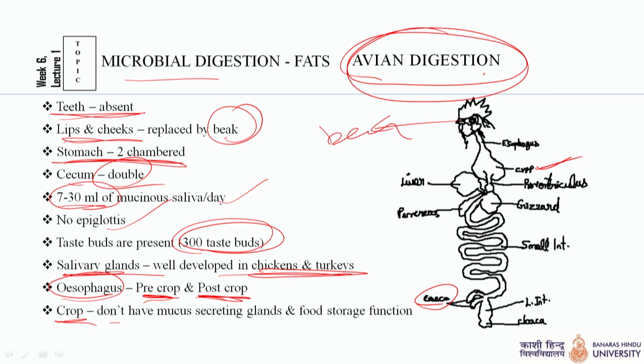This crop does not have any mucus-secreting glands. So what is the function of the crop? The one and only function of the crop is to store food. It does not secrete any type of mucus, and that is the importance of the crop. The esophagus above the crop is the pre-crop, and below the crop is the post-crop. Don't forget.